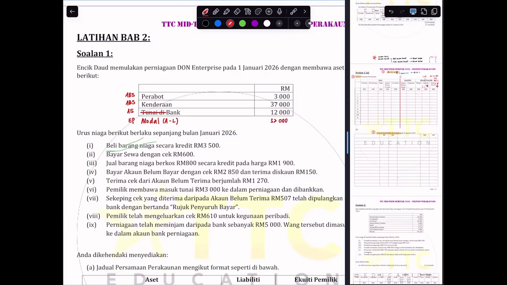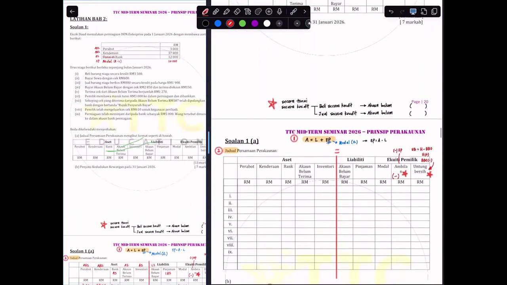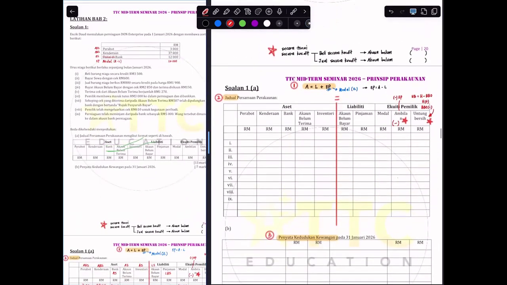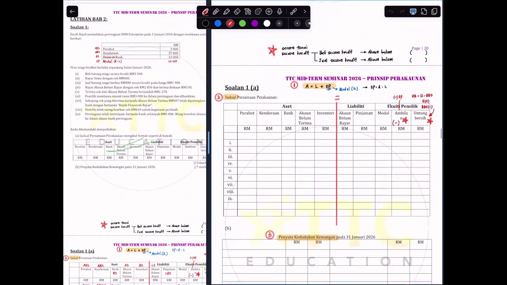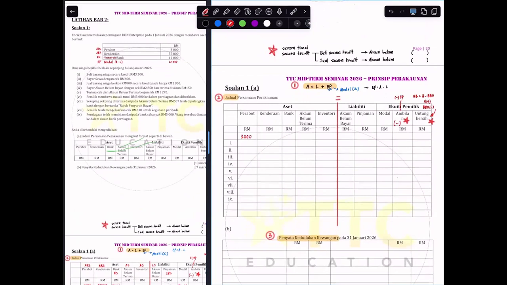Okay, then record into the table. Perabot, 3,000. Kendaraan, 37,000. Bank, 12,000. Modal, 52,000.